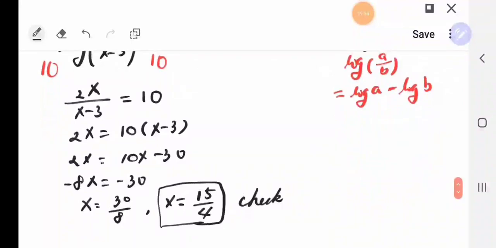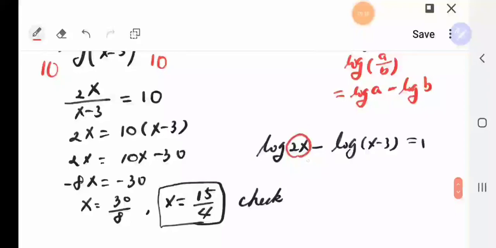Let me explain again. We have the equation log of 2x minus log of x minus 3 is equal to 1. So this 2x is positive because x is a little less than 4, and even this is positive because x is a little less than 4. So 4 minus 3 is positive. So this is the solution.